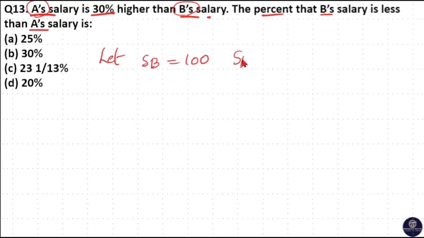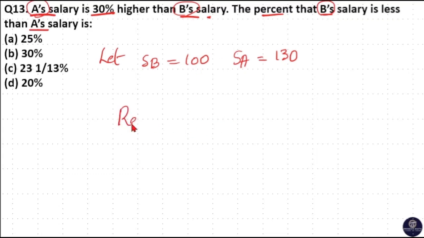Then salary of A must be 100 plus 30, 130 rupees, because A's salary is 30% higher than B's salary. Now, the percentage that B's salary is less than A's salary means we need to find out how much percentage B's salary is less than A's salary. Here difference between A's and B's salary is 130 minus 100, that is 30 rupees.